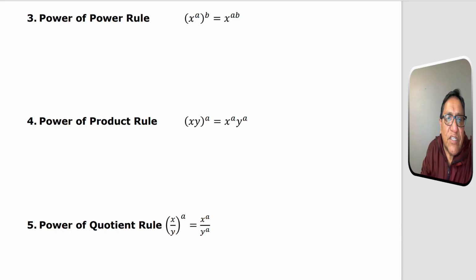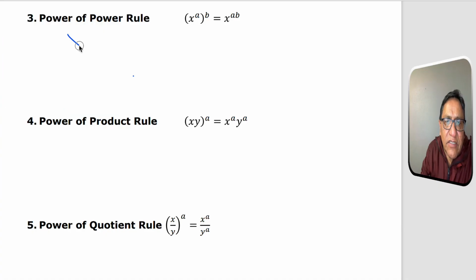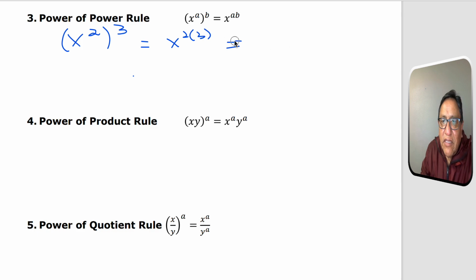In other words, if you have x to the power 2, to the power 3, for example, this will be the same as x to the power 2 times 3. So in this case, the answer will be x to the power 6, correct?